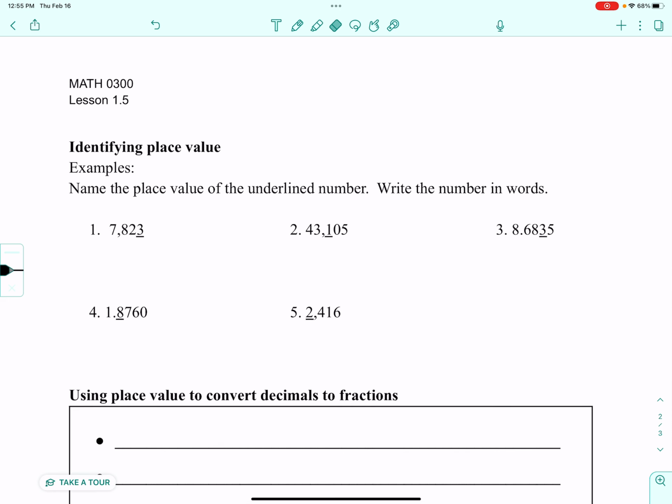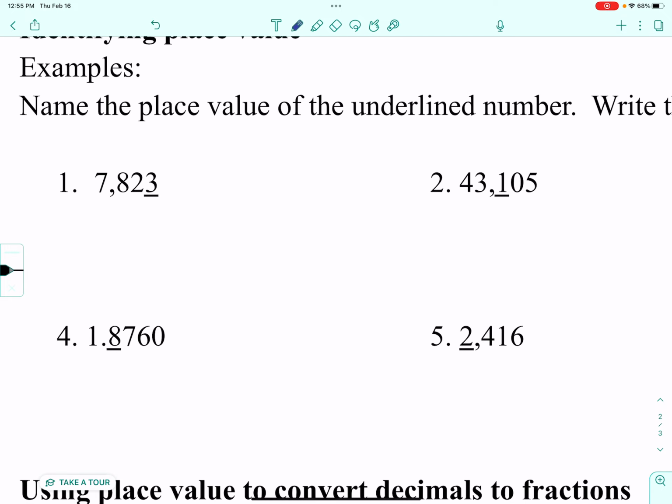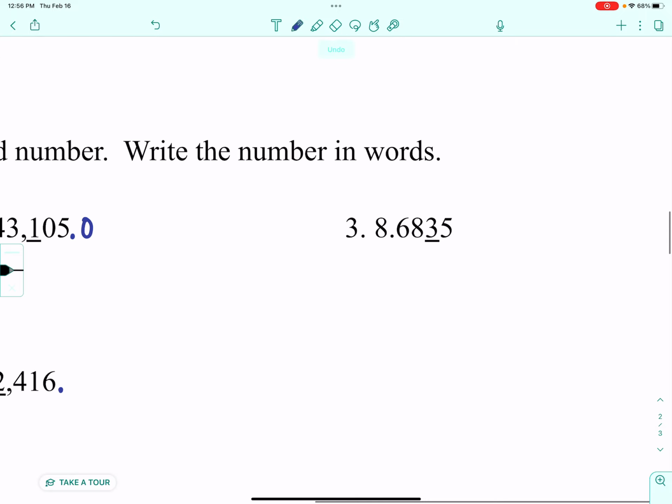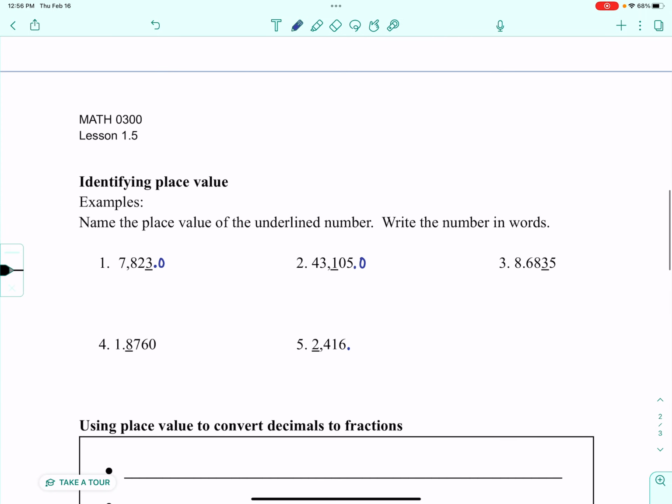In these examples, we're going to identify the place value of the underlined number, and then we're going to write the number in words. So normally, we would have a decimal in this number sitting right here. If it makes you feel better on the ones that don't have a decimal, we can add one by putting a 0.0 on the ones that don't have a decimal already.